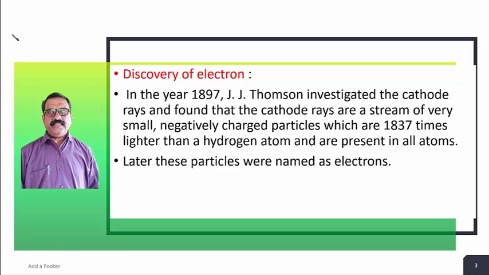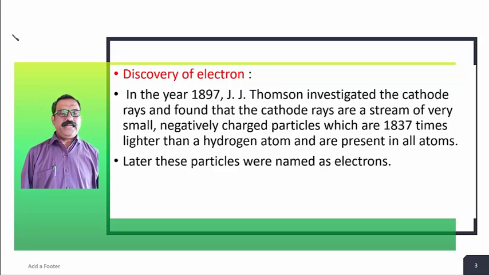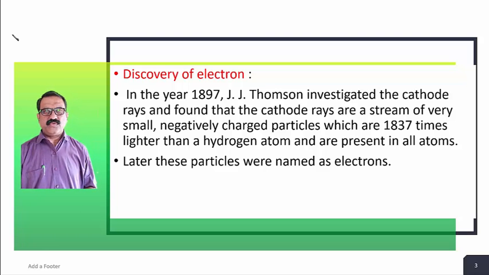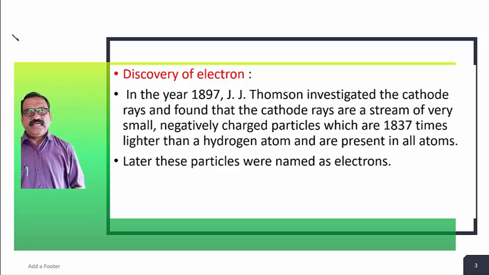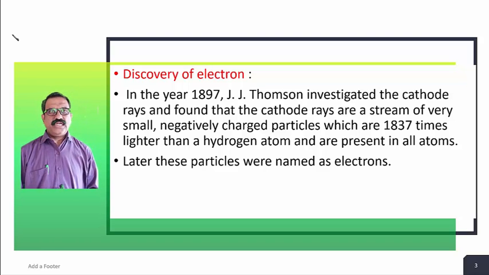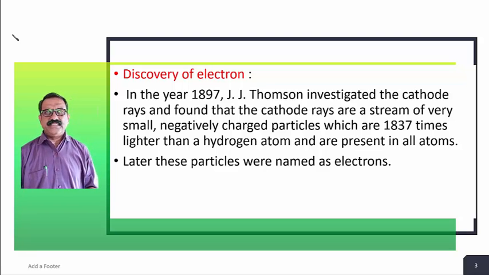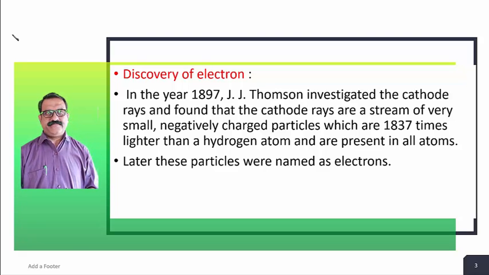Okay. Then these fundamental particles were discovered by different scientists during their various experiments. First of all, in 1897, Sir J.J. Thomson investigated the cathode rays and found that cathode rays are a stream of very small negatively charged particles.